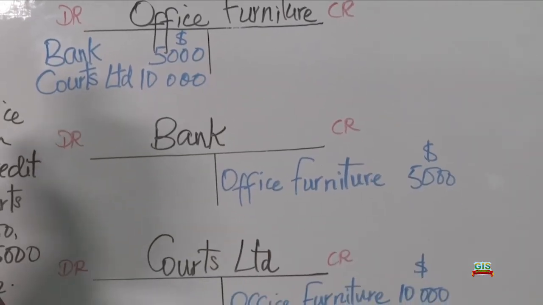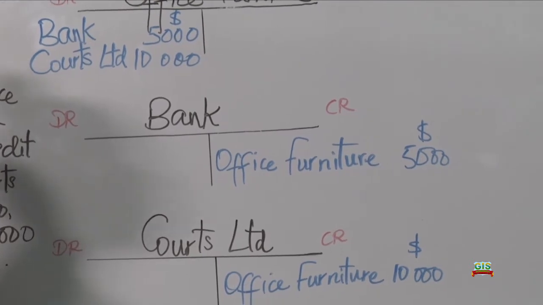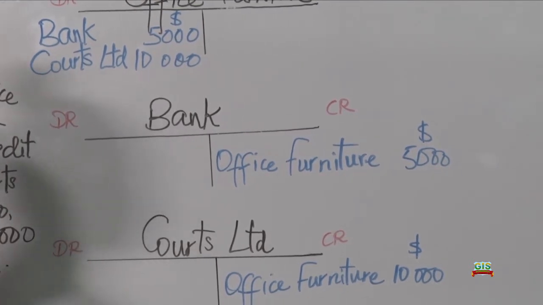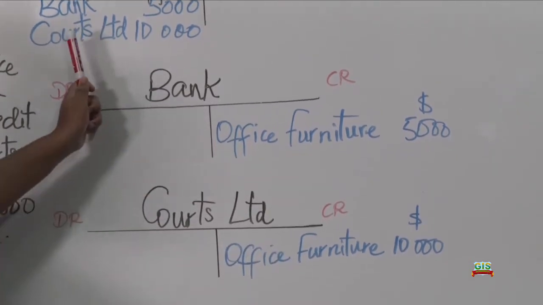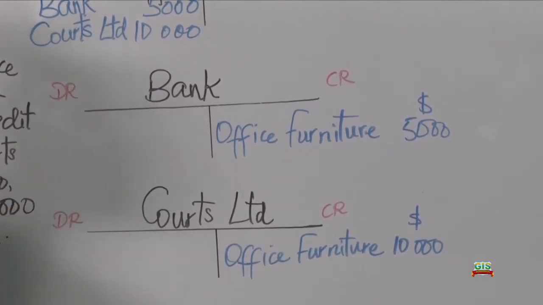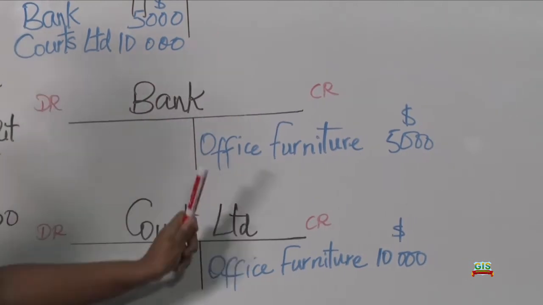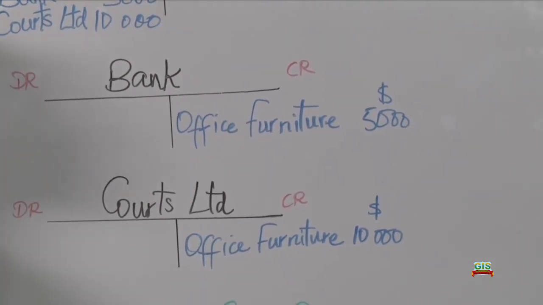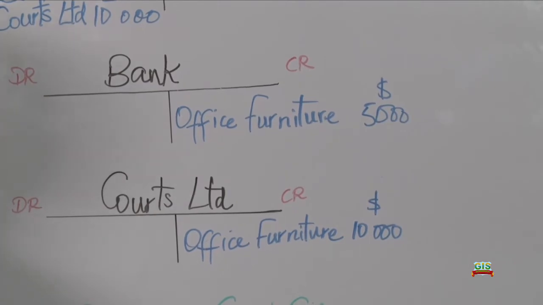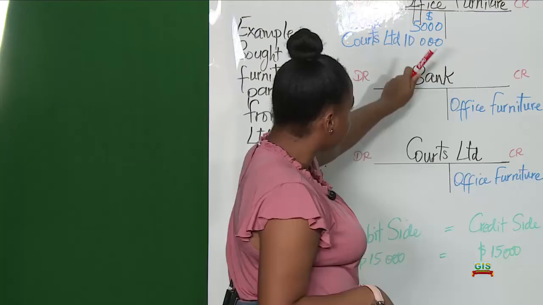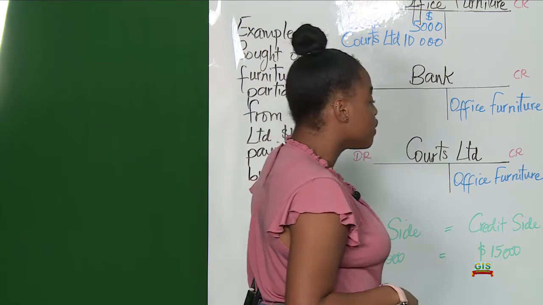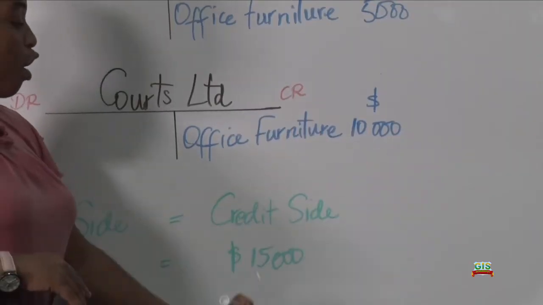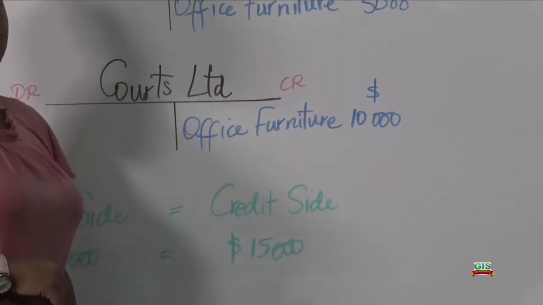So we credit the bank account, and it's receiving the other $10,000 benefit from Courts Limited. So we debited the account that was receiving the benefits, and we credited the accounts, in this case, that were giving the benefit. But we still stuck true to double entry because the total of our debit side, $15,000, is equivalent to the total of our credit side, $15,000.